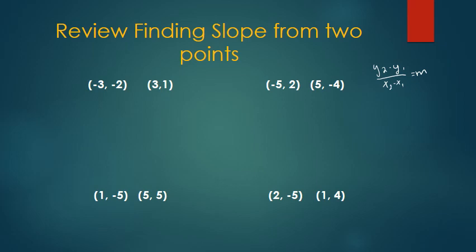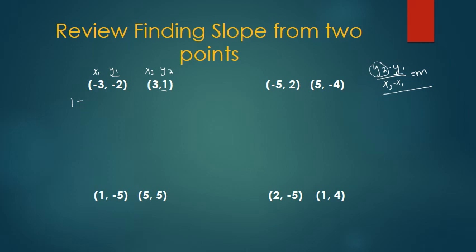So I'm going to label this as x1, y1, x2, y2. Now when I look at the equation for m, I find where my y2 goes, which is right here in the numerator. My y2 is 1. So I have 1 minus y1.